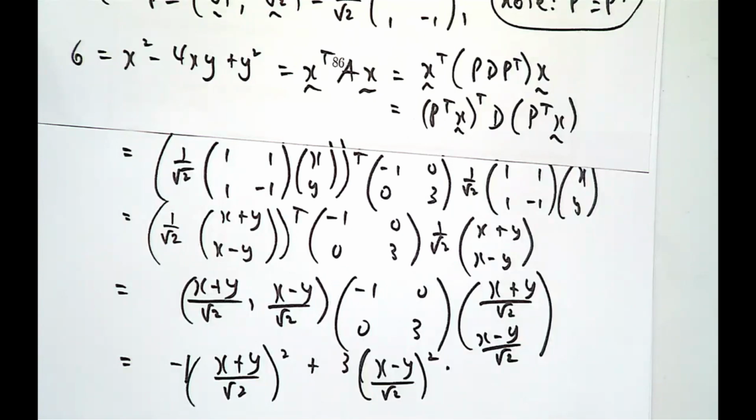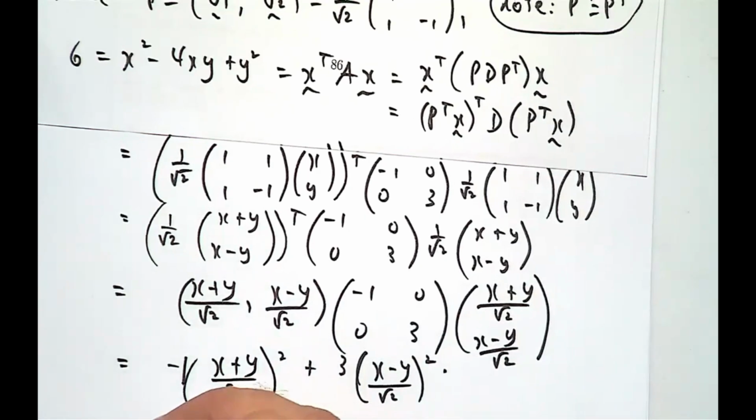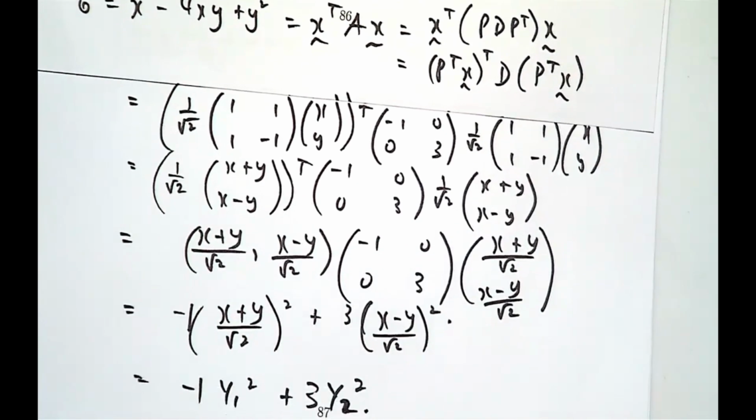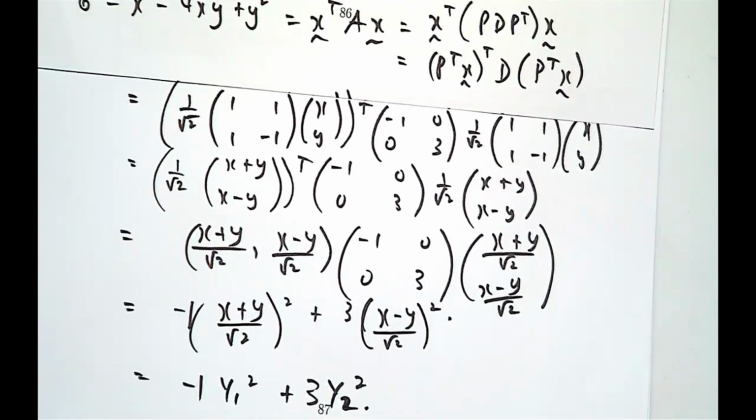Okay, so if you don't like the look of that, let's just introduce a new variable, or two new variables. Okay? So who can tell me, just forget about everything else, if you're in the y1, y2 plane, that's pretty easy to draw, right?